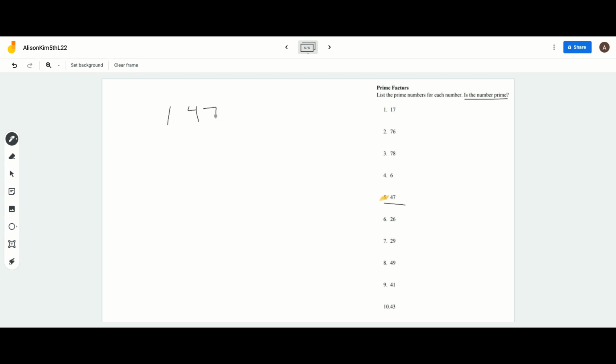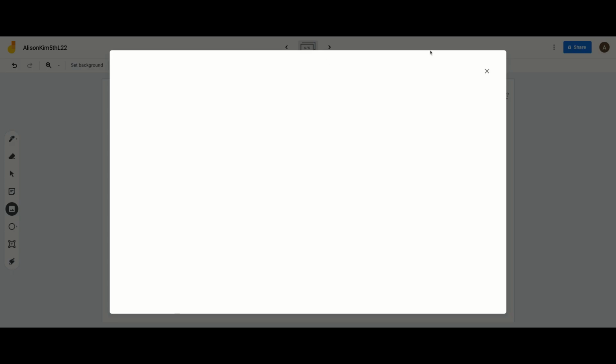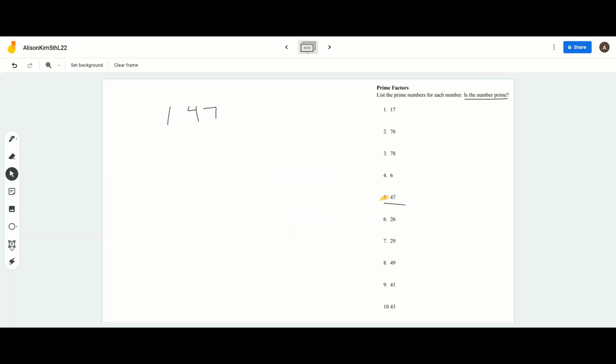However, if we try other numbers like 2, 3, 4, and so on, except for 47 and 1, nothing else will go into it, because only 47 and 1 go into 47 equally. Numbers like 2 and 3 will give us a decimal or fraction. So number 5 would be that it's a prime number. So we're going to put prime number, or you could just put yes, and that's it.